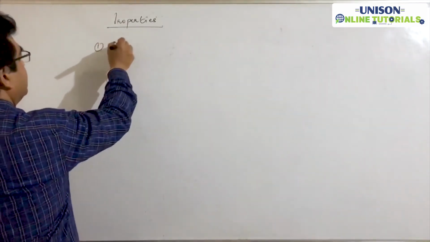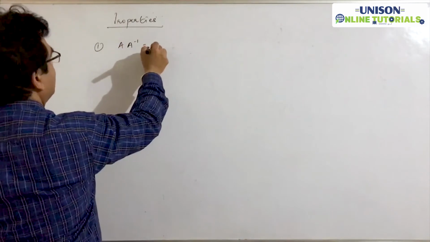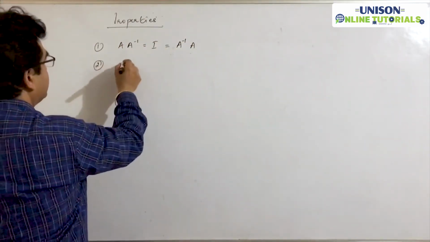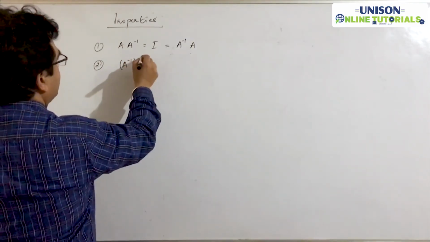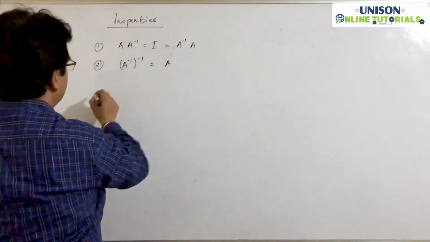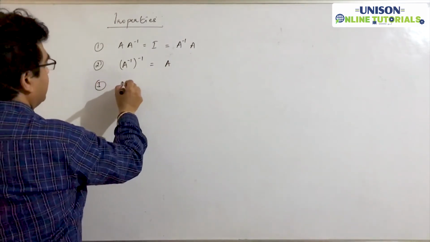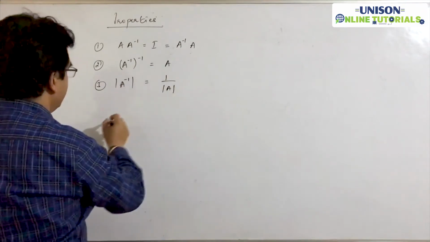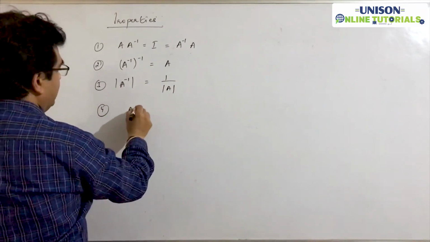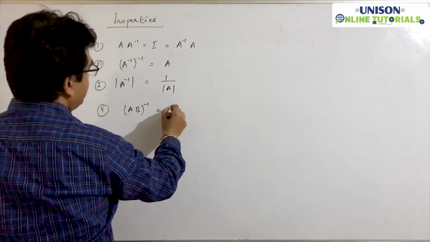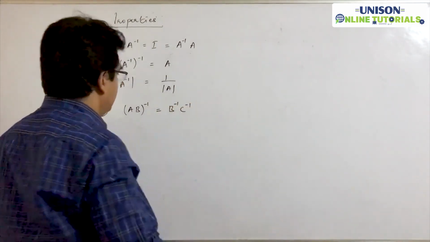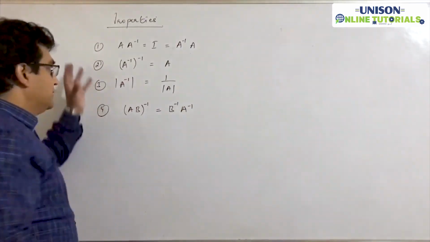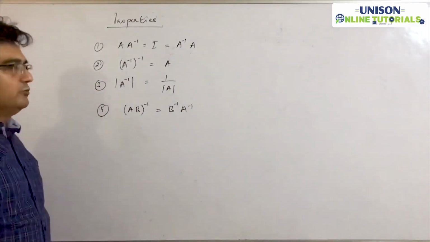First property: A into A inverse is equal to I, which is equal to A inverse into A. Second property: A inverse whole inverse is always equal to A, and determinant of A inverse is always equal to 1 upon determinant of A, and (AB) inverse will always be equal to B inverse into A inverse. So these are a few very important properties which you must remember.